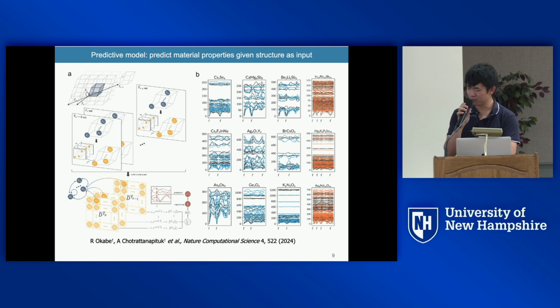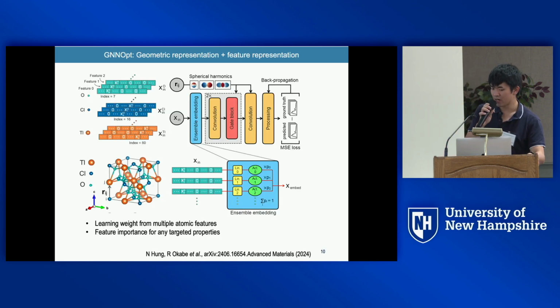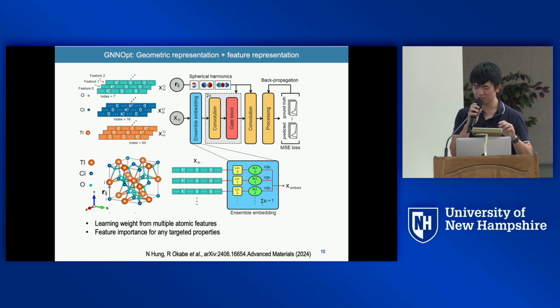Our property prediction work is not limited to this, but we have another work for the optical property prediction that we call the GNN opt. One unique point of this method is that not only do we use the GNN, but this method also enables us to find what kind of the material feature is important.